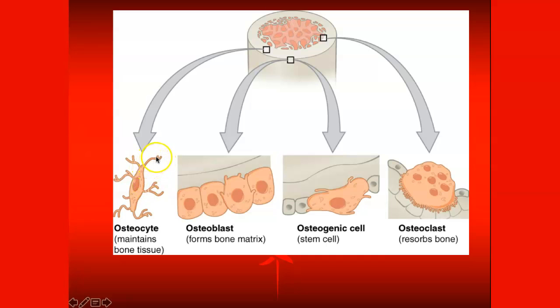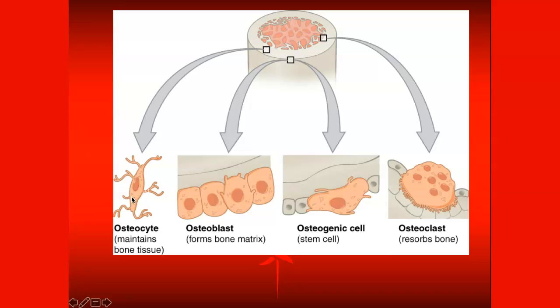It's this channel within the matrix of the bone. So when we show a zoomed in picture in the future, when we talk about bone tissue, there are channels or canaliculi that allow nutrients to make it to these osteocytes so that they can stay functioning. And then they're also able to secrete enzymes that help us maintain a mineral balance within our bone tissue.